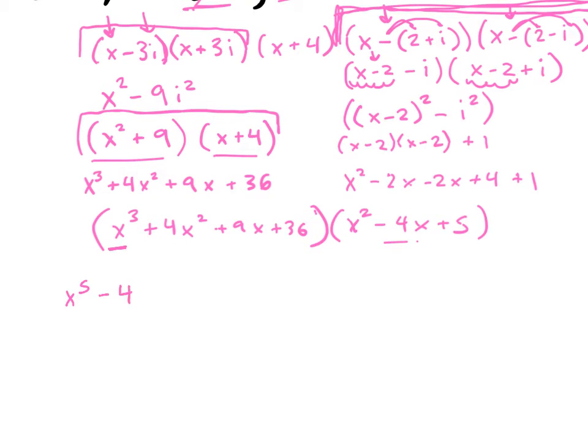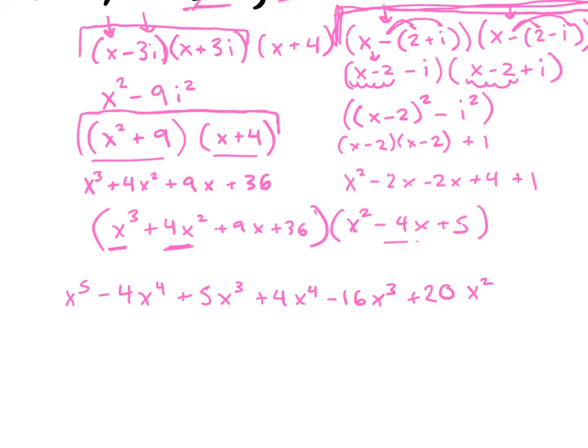X cubed times 5 is plus 5x cubed. Now I'm going to move on to 4x squared. So 4x squared times x squared is 4x to the 4th. 4x squared times negative 4x is negative 16x to the 3rd. And 4x squared times 5 is 20x squared.